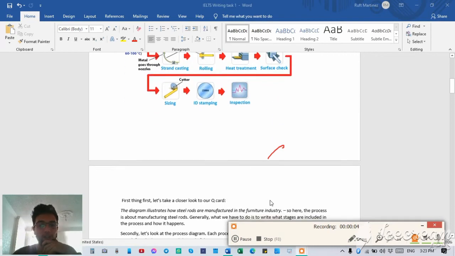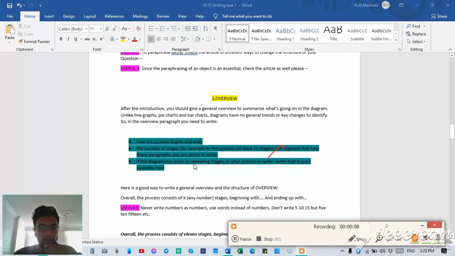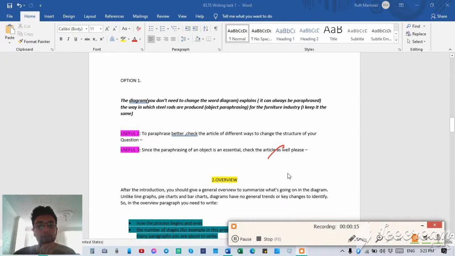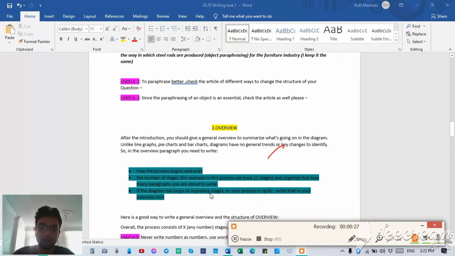Also, if the diagram has loops, repeating stages, or your process is cyclic, mention that in your overview too. You just mention these in your overview, which means you can make it a little longer.